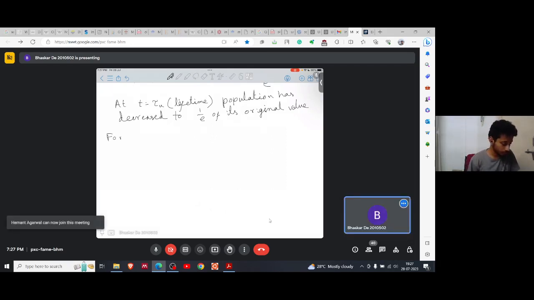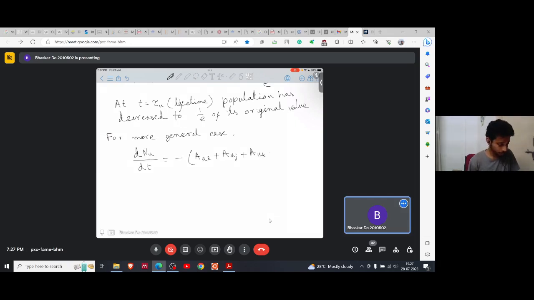So for the more general case, we will have dn_u/dt equals minus (A_ul plus A_uj plus A_uk plus so on) n_u, equal to minus summation over i of A_ui n_u.